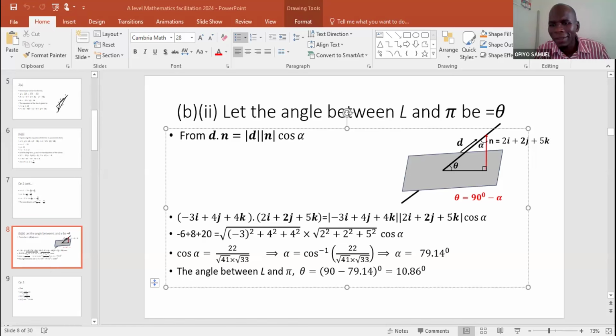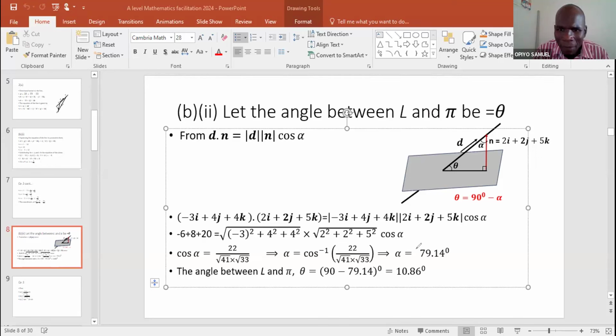Yes, Kalumba. Hello, sir. We've used a different approach, but we're getting a different answer. We don't know what's wrong with yours. We have corrected this. There was an error in the process of computing the angle.